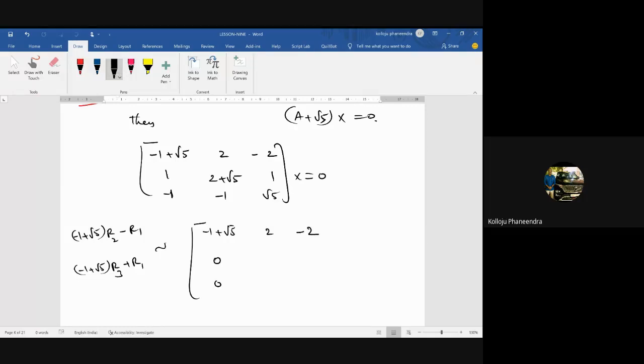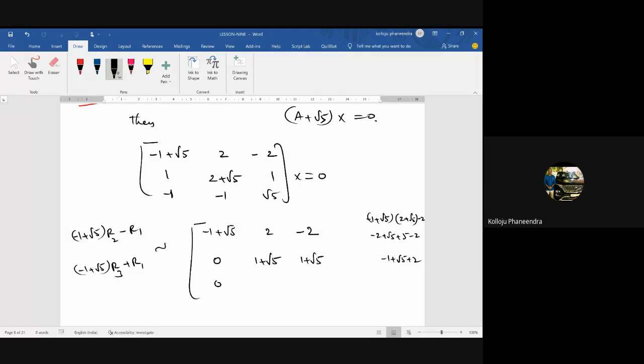Coming to this part, minus 2, minus root 5 plus 2 root 5, plus 5 minus 2, that is 5 minus 4, 1, 1 plus root 5. Coming to this part, minus of minus 2 plus 2, so this is also 1 plus root 5.